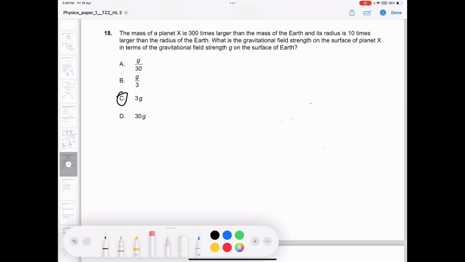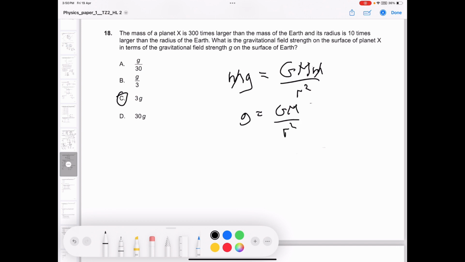So I think we all know these basic equations here, that the weight mg is equal to G M m all over r squared. The m's cancel here, so we get g is equal to G M all over r squared. So we know from the question that the mass of X is 300 times the mass of the Earth.